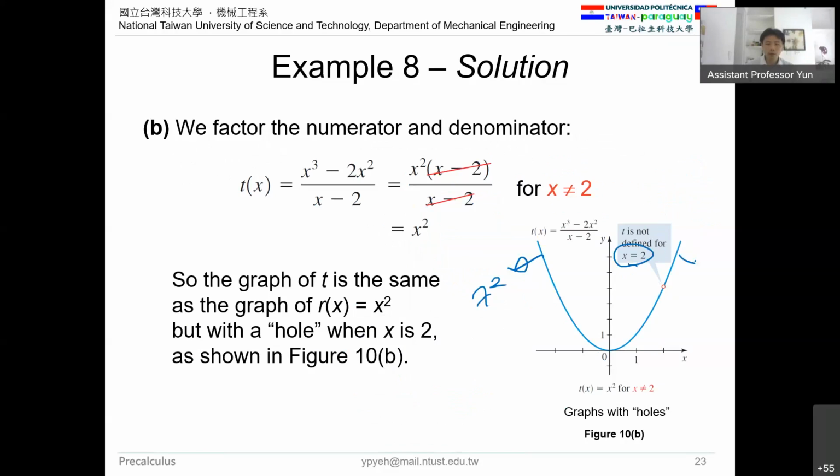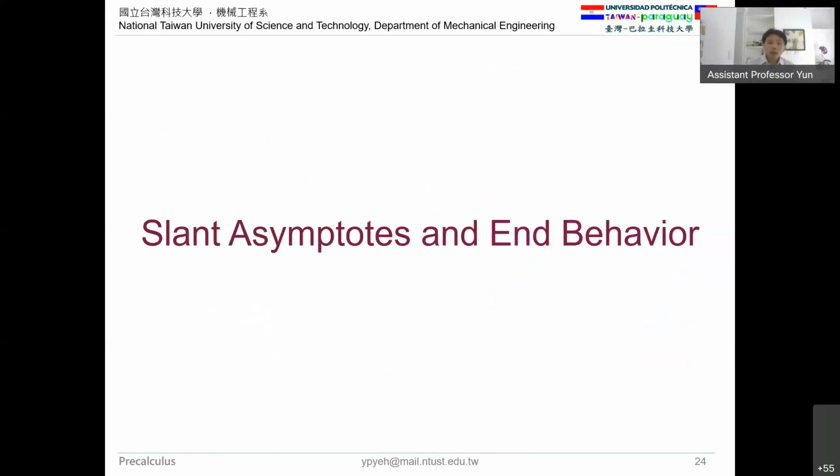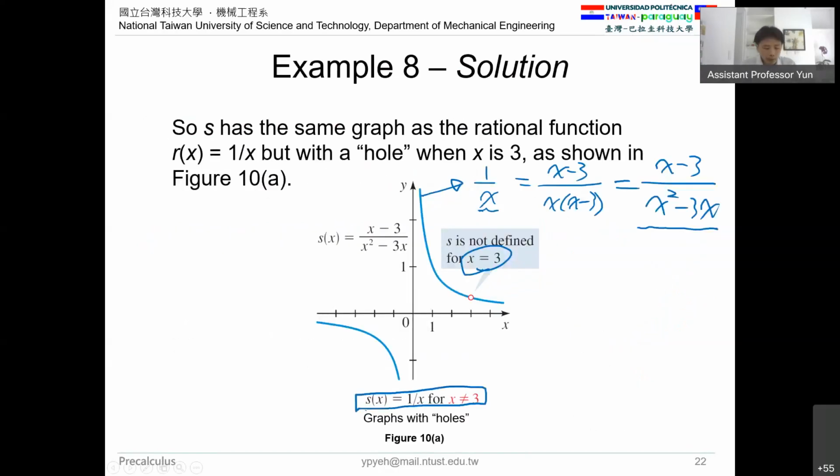So this is the function, but not including these points here. It is also easy to see that when x equals 2, the denominator of f of x becomes 0, which does not exist. Okay, so that's some basic knowledge of rational functions.